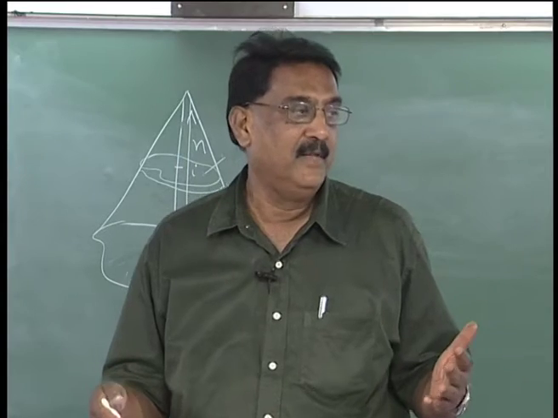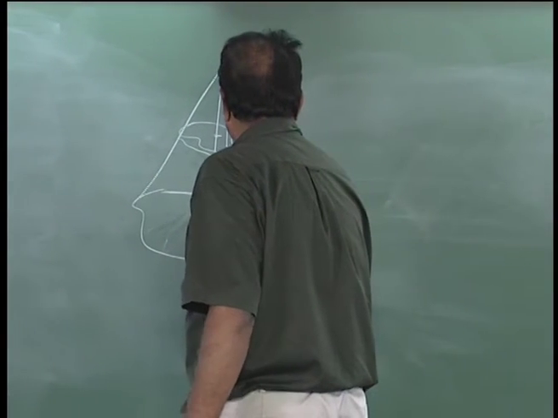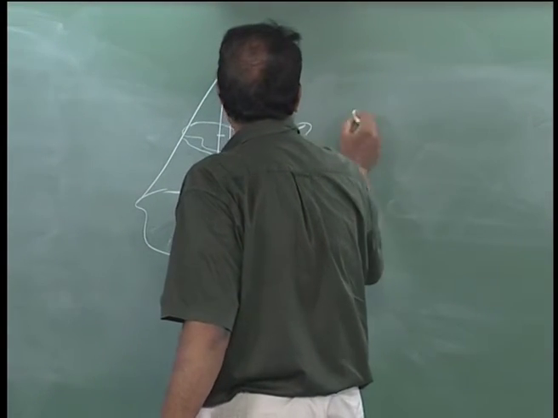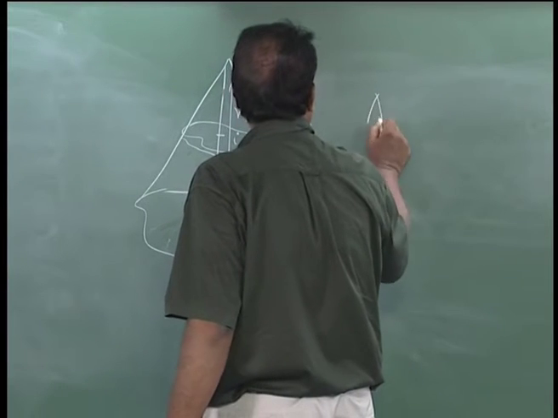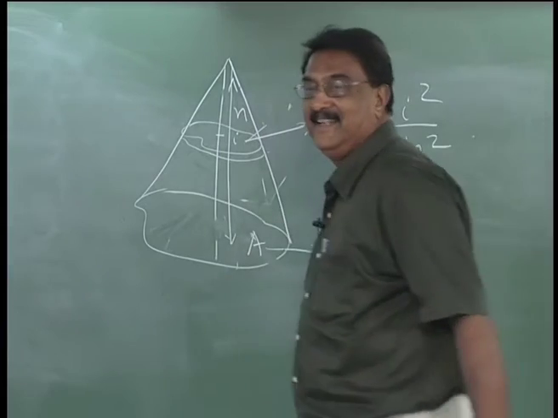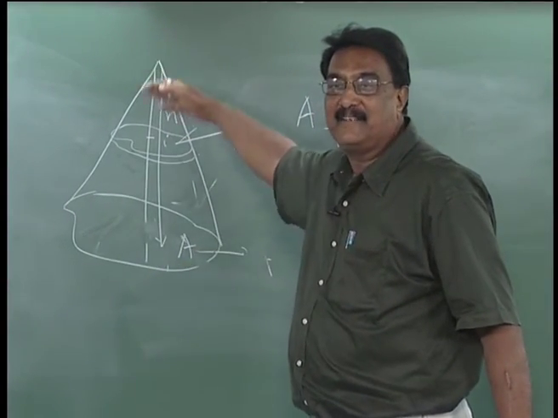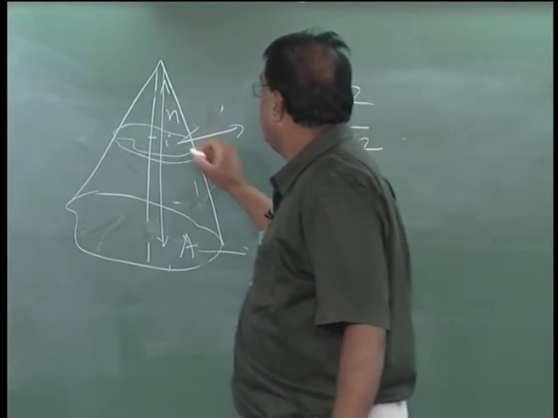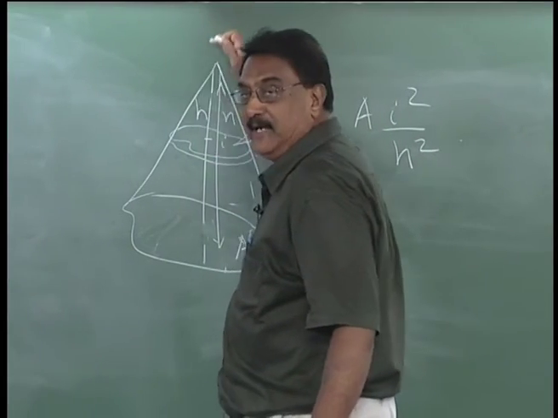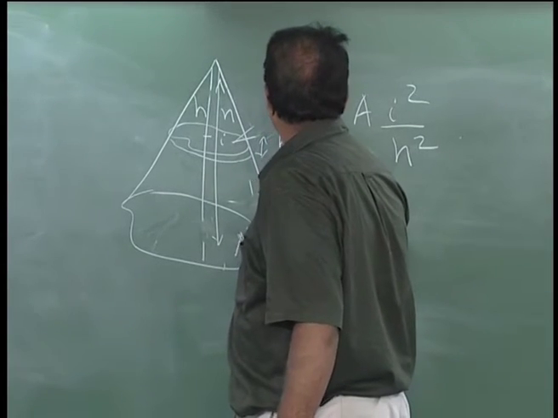So, if this is the area here, the area here would be a into i squared by n squared, and this is divided into n parts. So, h is divided into n, so each segment will be h by n.